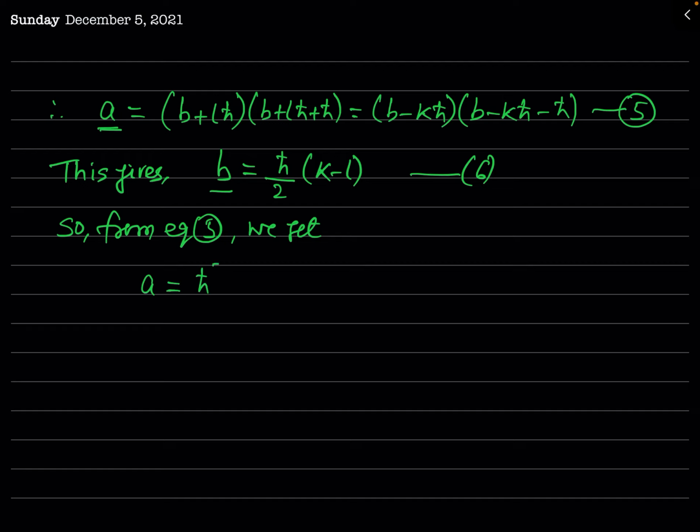You will find that a is equal to ħ square times (k + l)/2 times ((k + l)/2 plus 1).